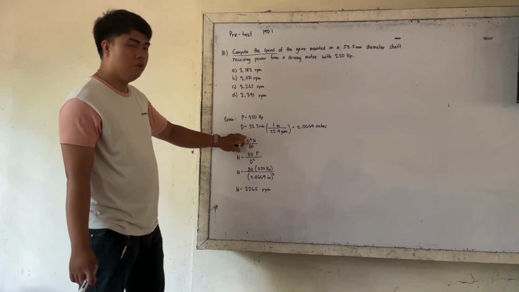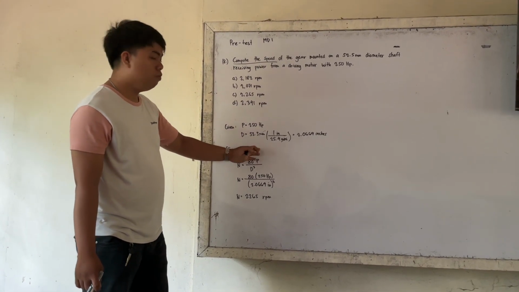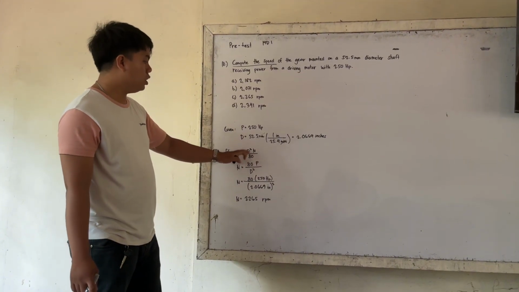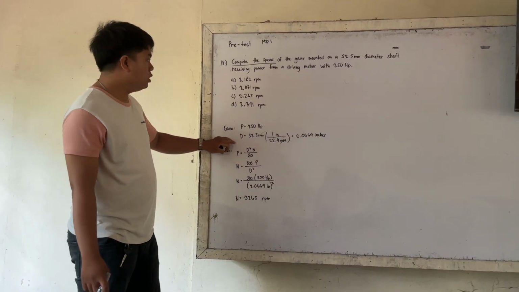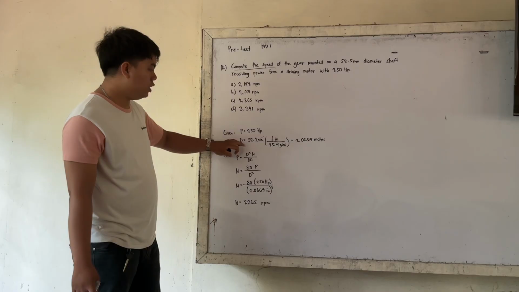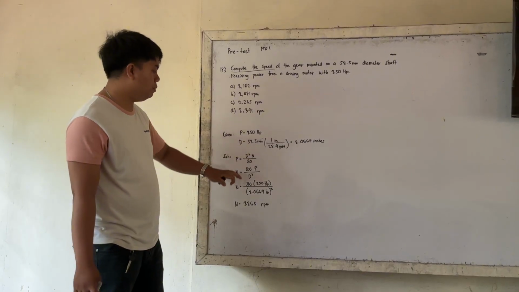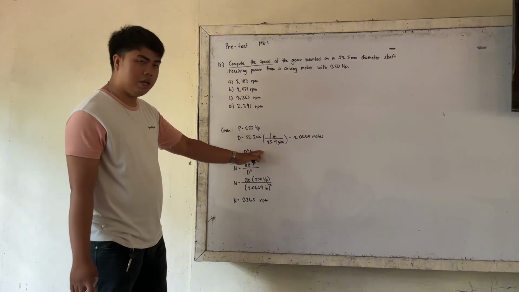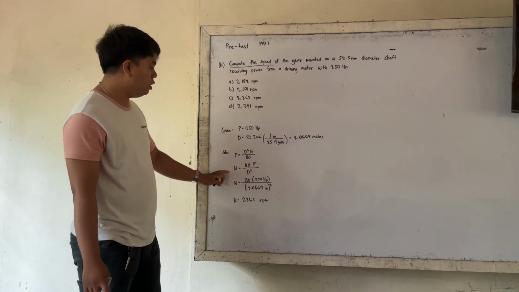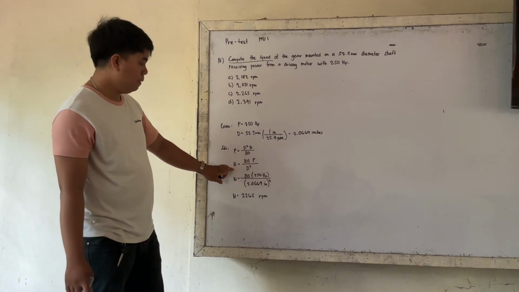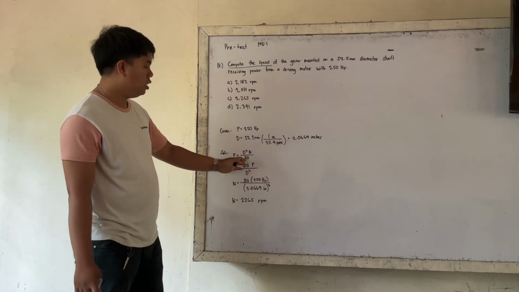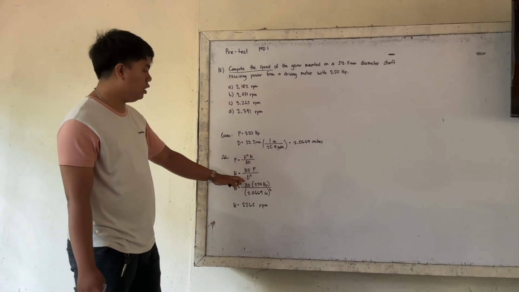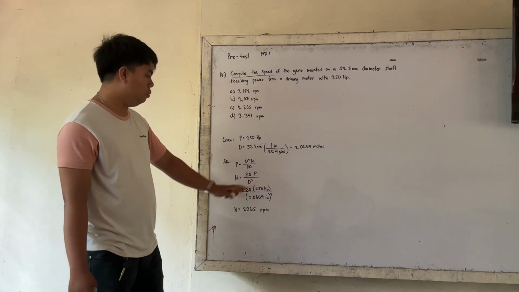So we have a solution. P is equal to d cubed multiplied by the n or the speed divided by 80. So since our unknown here is the speed or the RPM, we can rearrange this formula. So our formula now is n is equal to 80 multiplied by P, then divided by D cube.